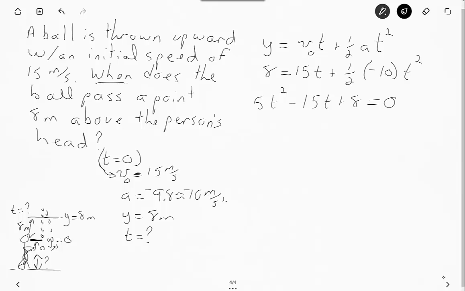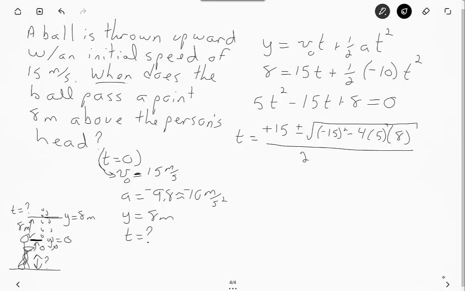Again, quadratic equation. t is equal to negative b, and negative of negative 15 makes it positive, plus or minus the square root of b squared minus 4ac, all over 2a.